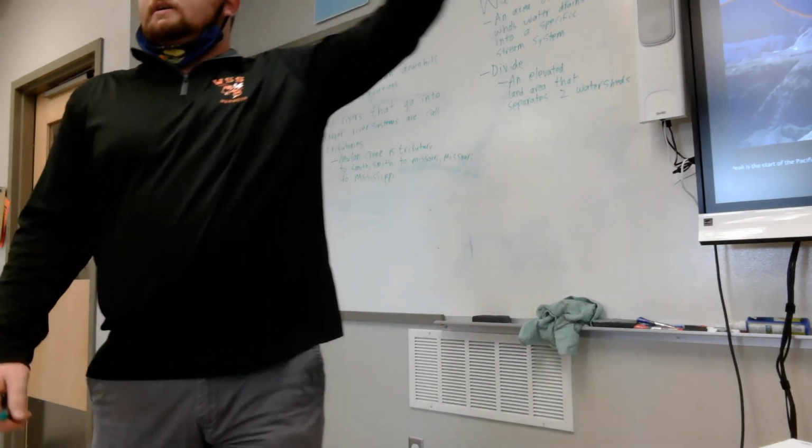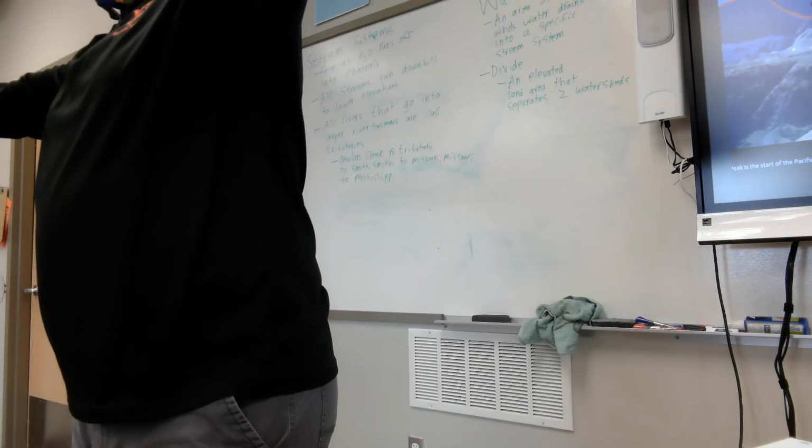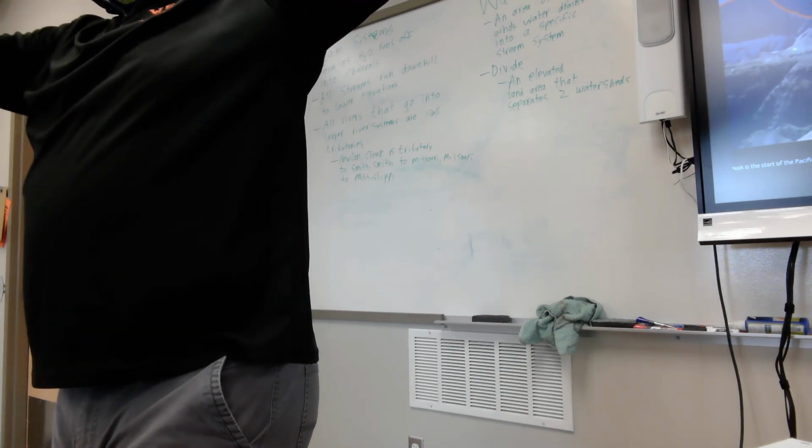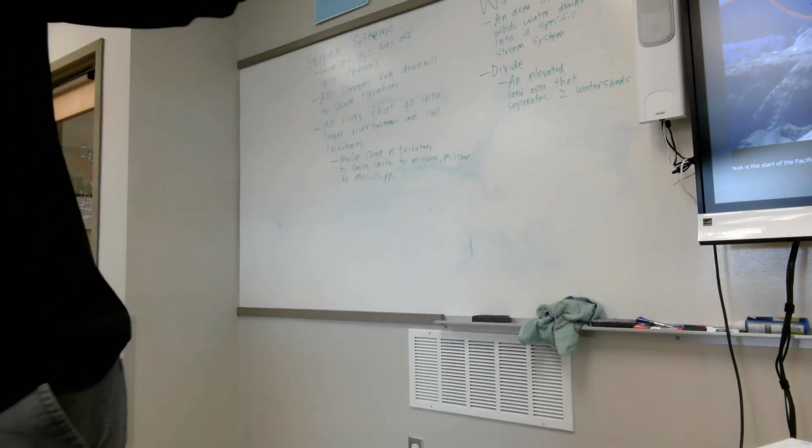But everything in the Yellowstone watershed is also part of the Missouri River watershed, because it's a tributary. Is everything in the Missouri River watershed part of the Yellowstone watershed? No, because it is not a tributary of the Yellowstone. The Yellowstone is a tributary of the Missouri.